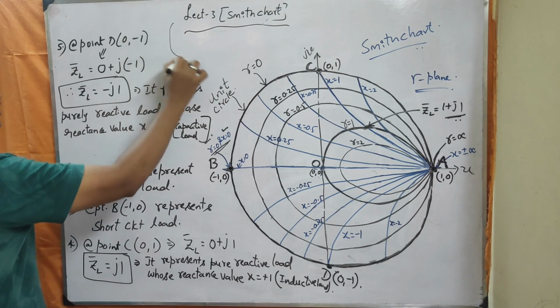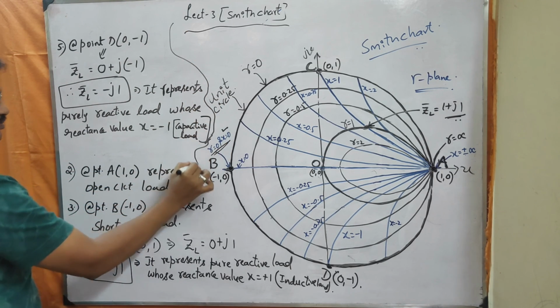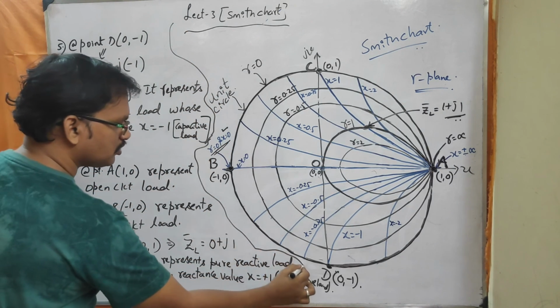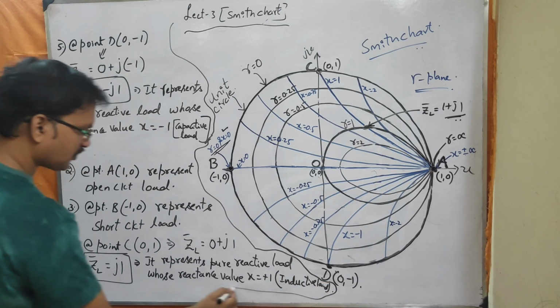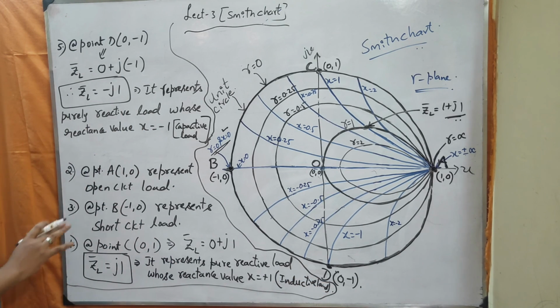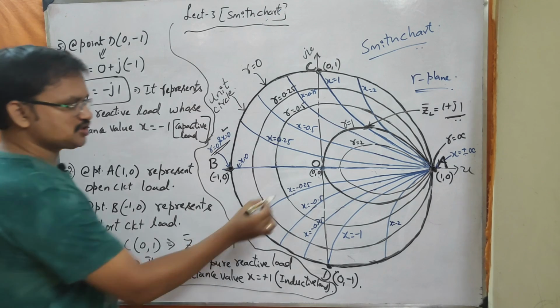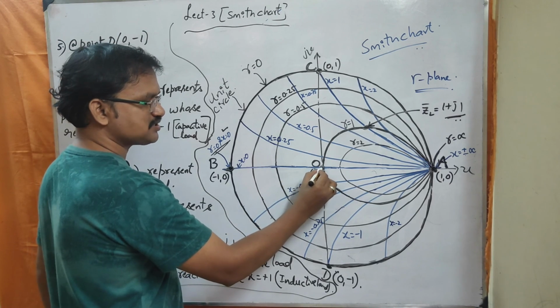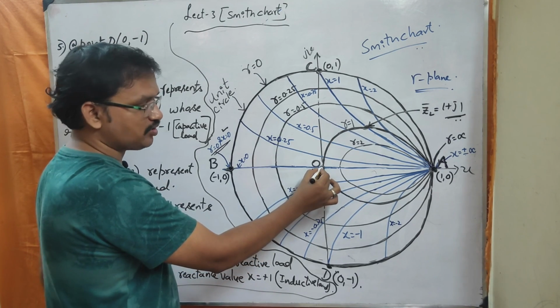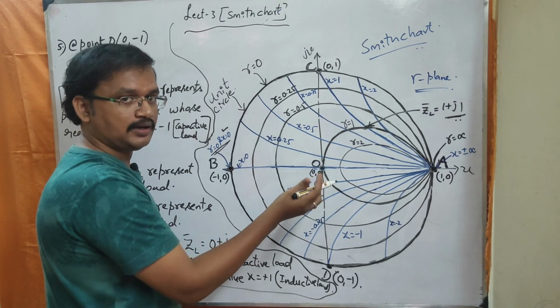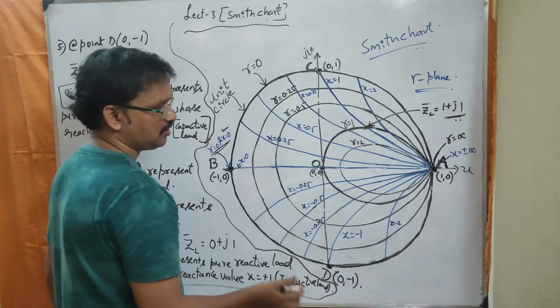Okay, so these are some of the important locations on the Smith chart. This you have to know. These important locations you have to know on the Smith chart. This point represents the matched load. That means at this location ZL bar is equal to 1 and ZL equal to Z0.